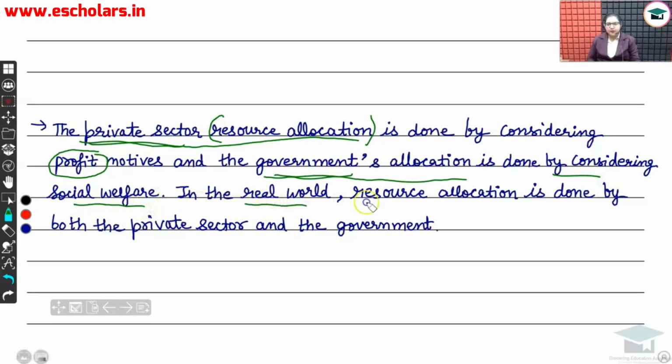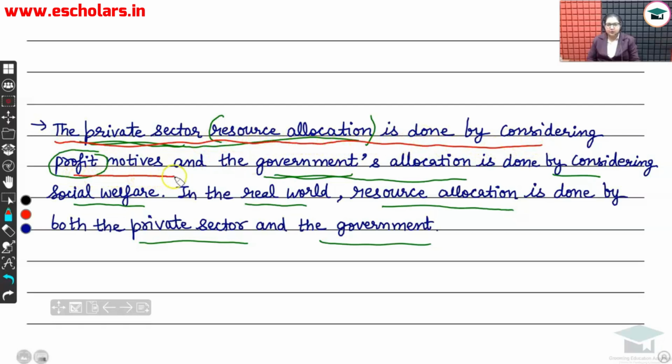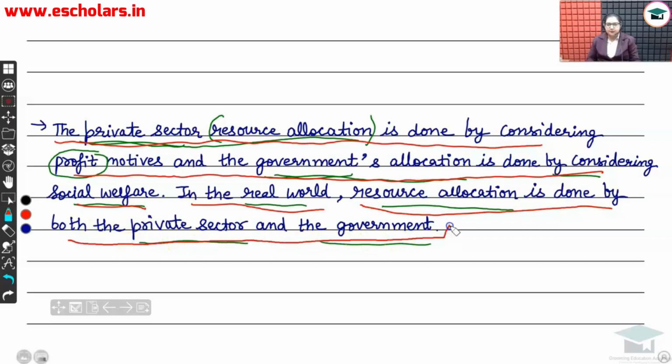So in the real world, resource allocation is done by both the private sector and the government. So let's recall it till now. The private sector resource allocation is done by considering profit motives, and the government's allocation is done by considering social welfare. In the real world, resource allocation is done by both the private sector and the government.